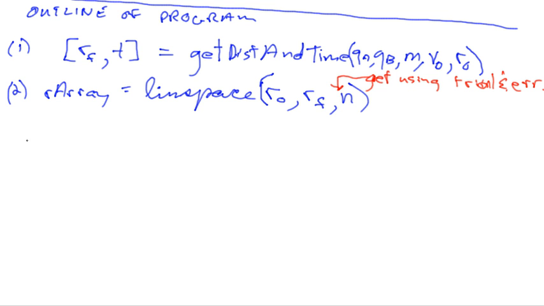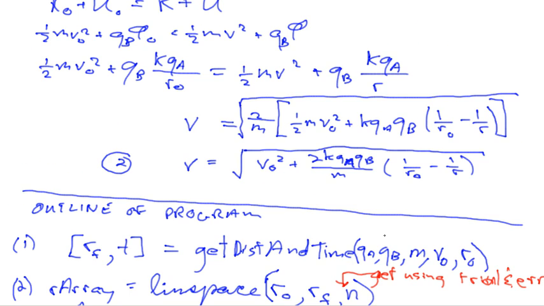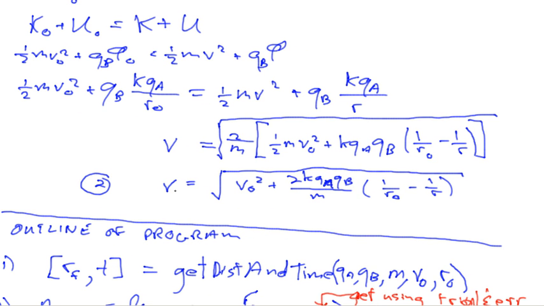Now, to find the velocity at each of those points, use v array equals, I'm going to call it equation 2 with r equals r array. So now, equation 2 was the one that gave me the velocity at any given point.